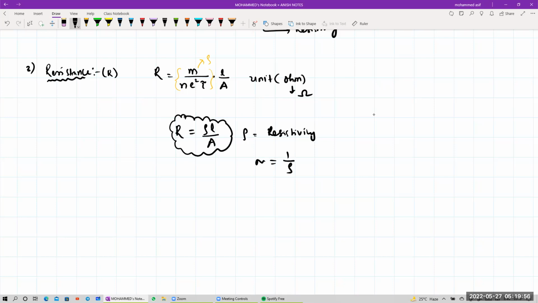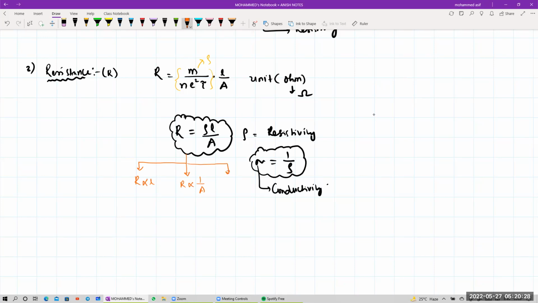The reciprocal of resistivity is known as conductivity. So from this I can write some points. R is directly proportional to the length. R is inversely proportional to the area of cross section.